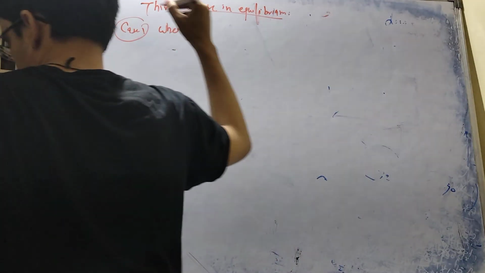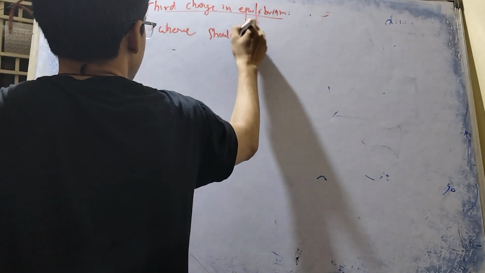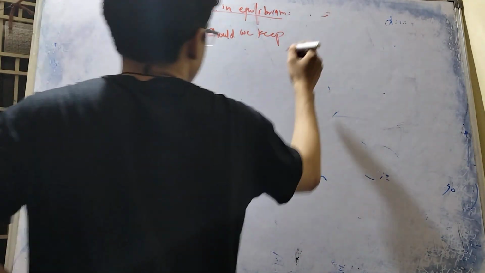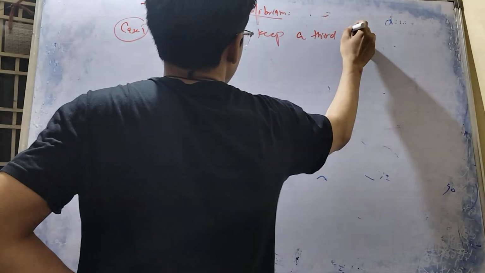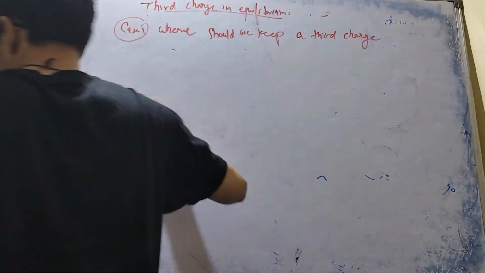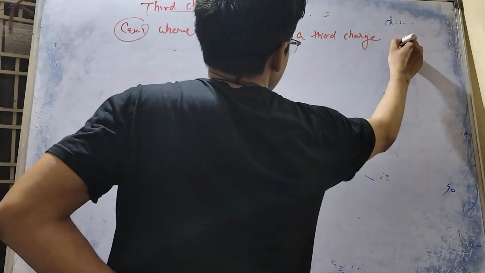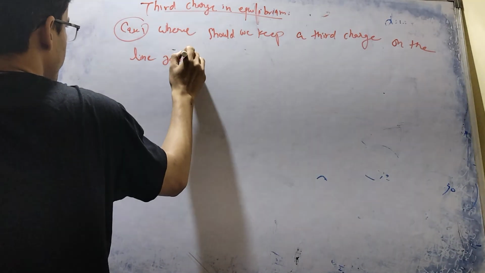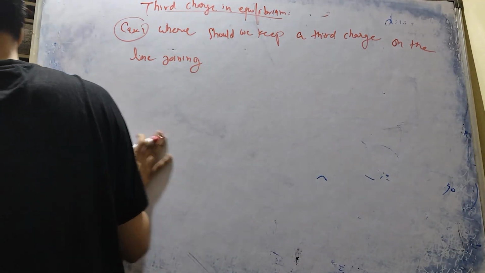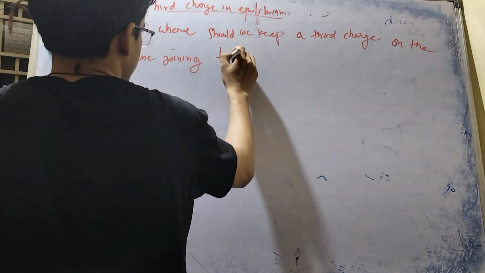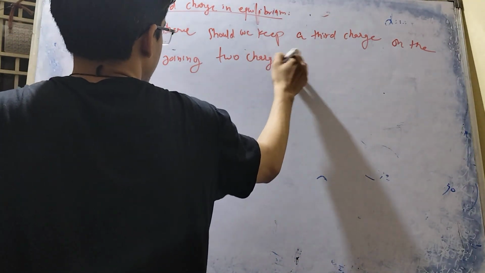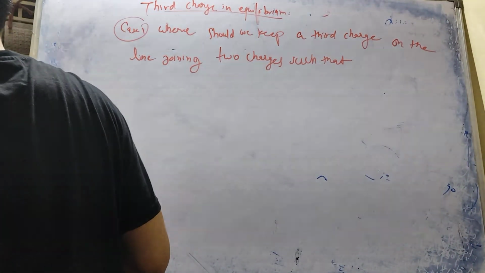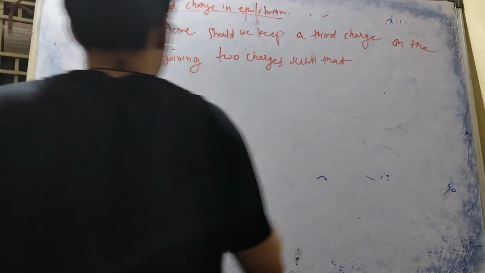Where should we keep a third charge on the line joining two charges such that the third charge is in equilibrium?